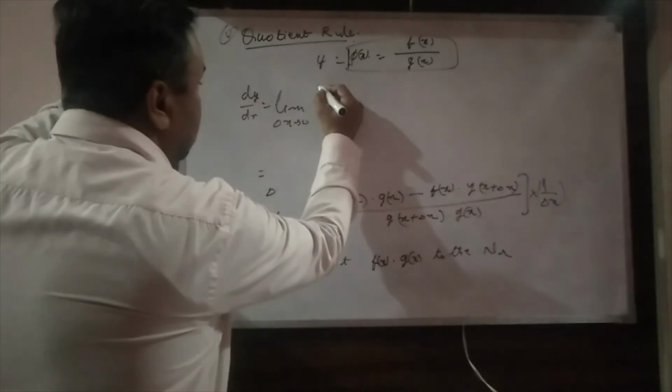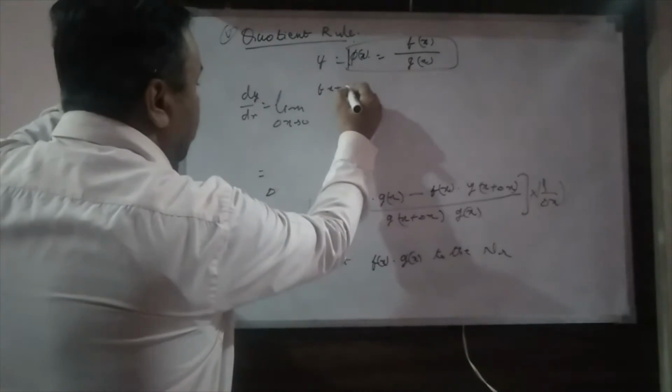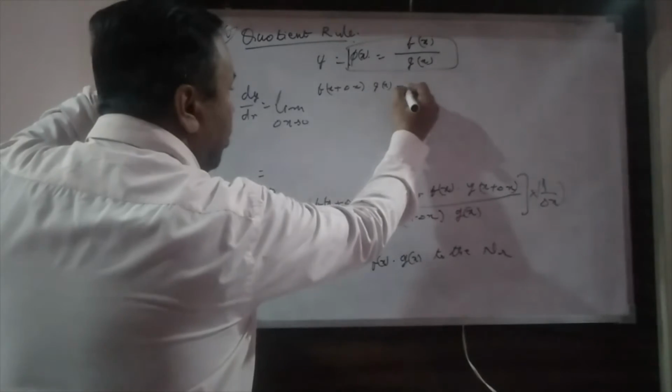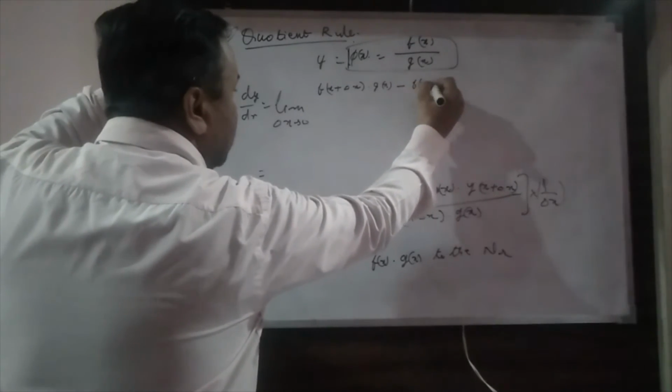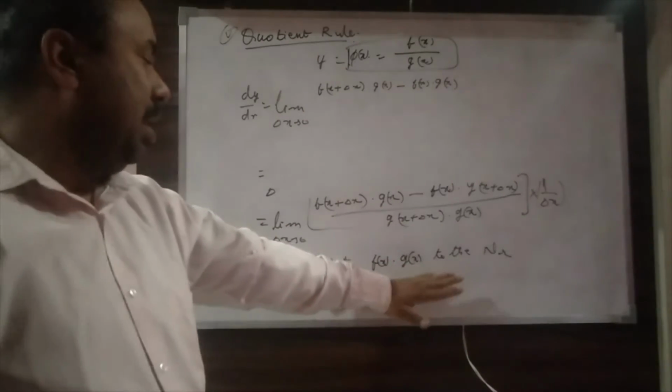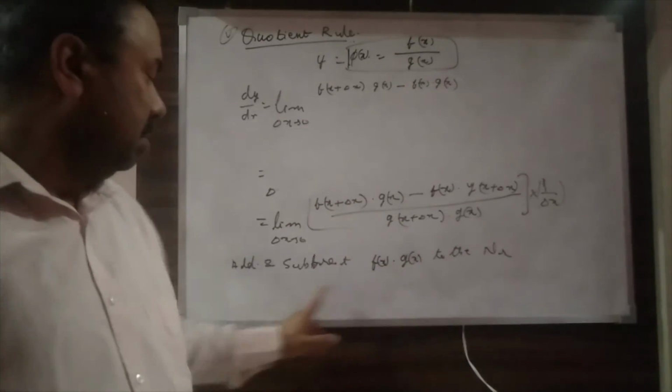I will write f(x plus delta x) into g(x) minus f(x) multiplied by g(x), what I have set here.